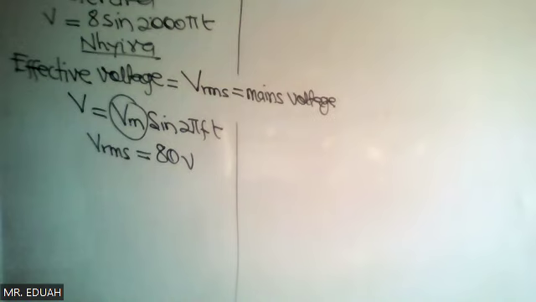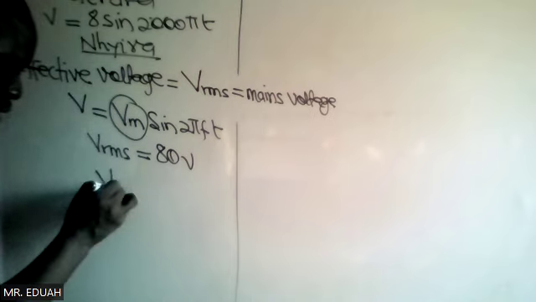What is the relationship between root mean square voltage and the peak voltage, or the maximum voltage? It is the root mean square voltage is equal to maximum voltage over root 2.